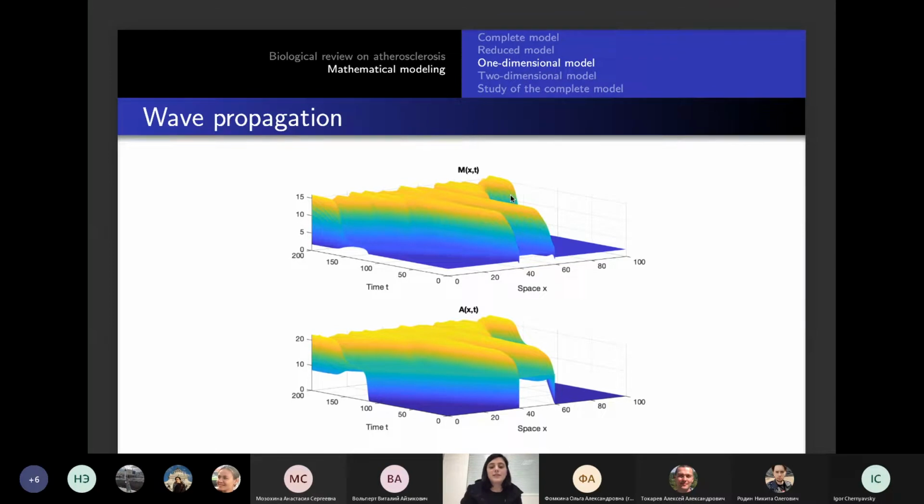Okay. Suppose that there is no chemotaxis.